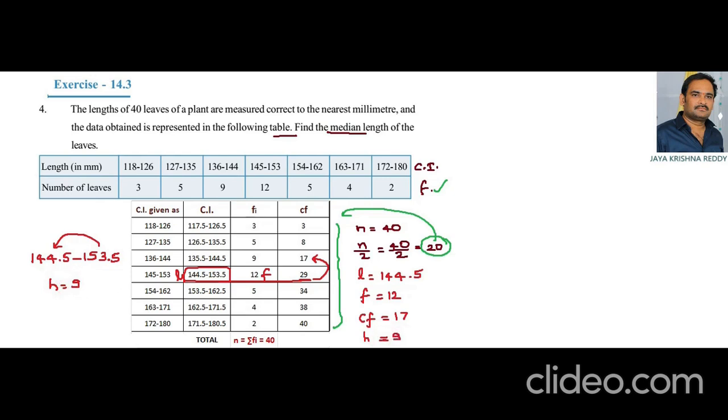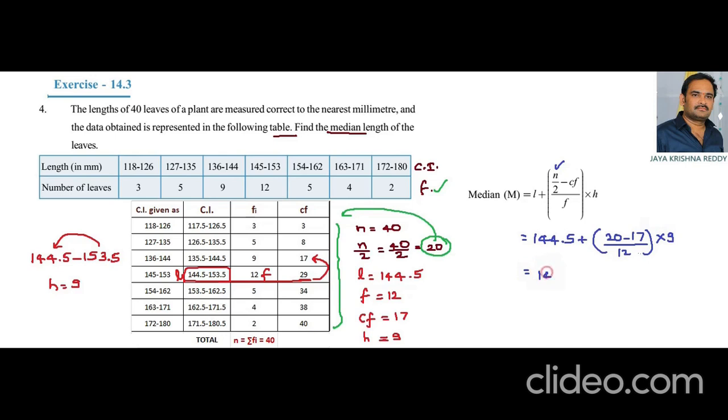Now substitute these values in the formula. Median equals L plus (n by 2 minus CF) by F into H. So that is equal to, here L value is 144.5 plus, and n by 2 value is 20 minus CF value 17, by F value 12, times H height value, which is 9.